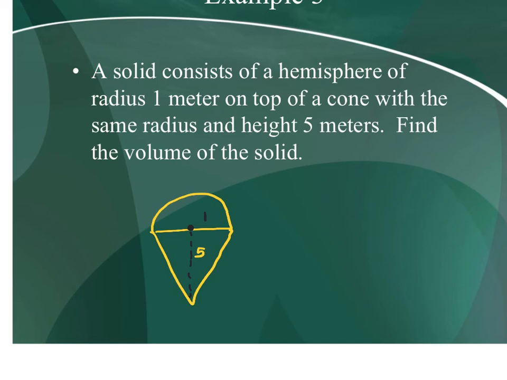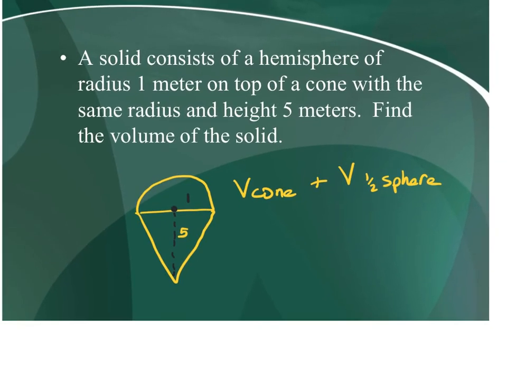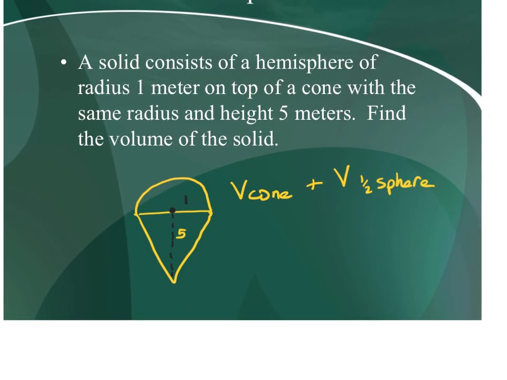So what I need to do is find the volume of the cone, add it to the volume of half of the sphere or the hemisphere. So what I'm going to do is remember the volume of the cone formula is 1/3 pi r squared height.